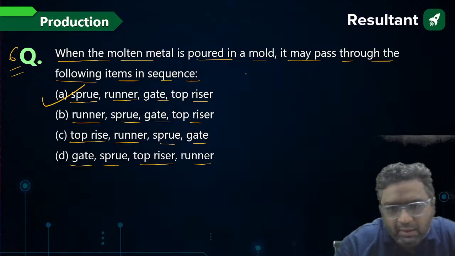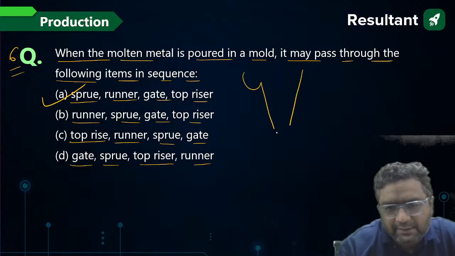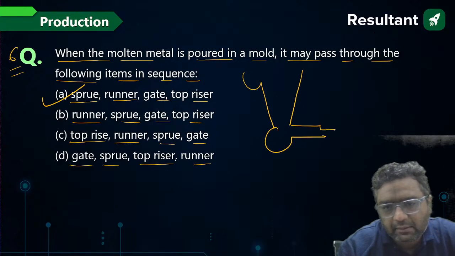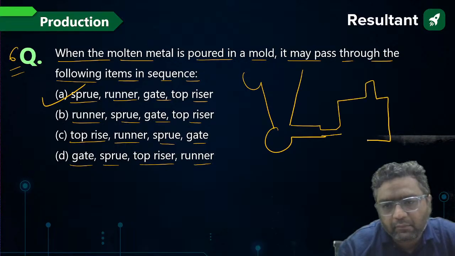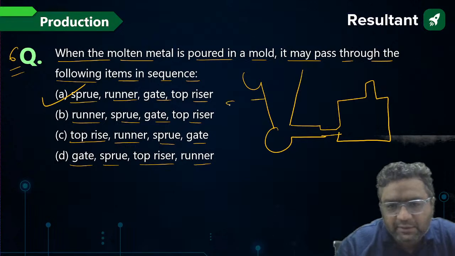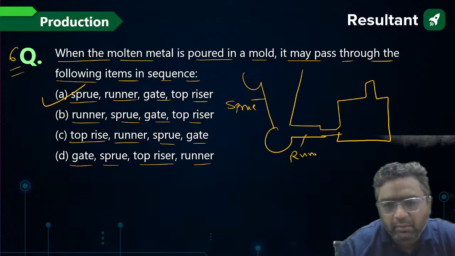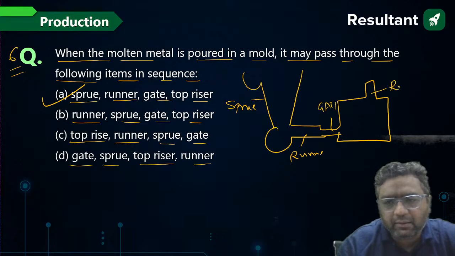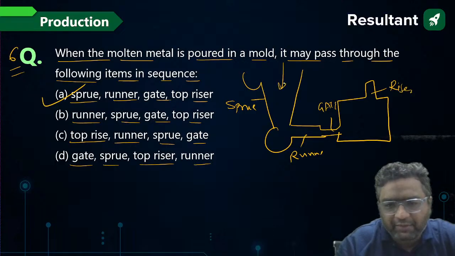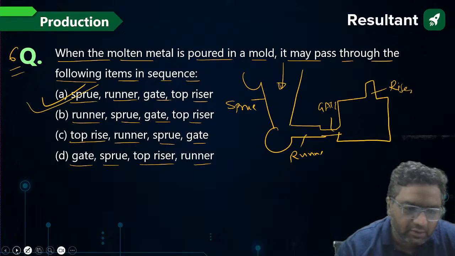So, dear, if you remember, we are making the diagrams like this. First, this is sprue, this is runner, this is gate, this is riser. Molten metal is coming from here. So, obviously, A is the right answer.